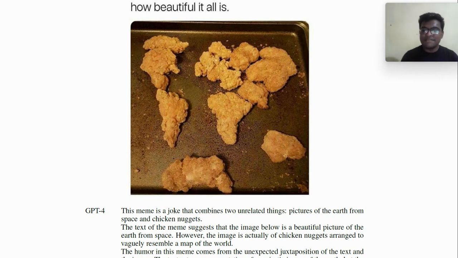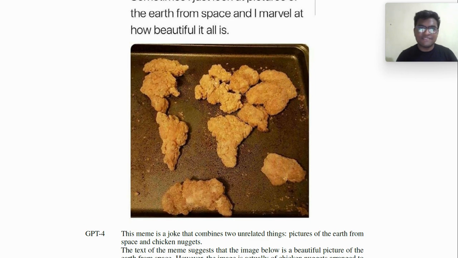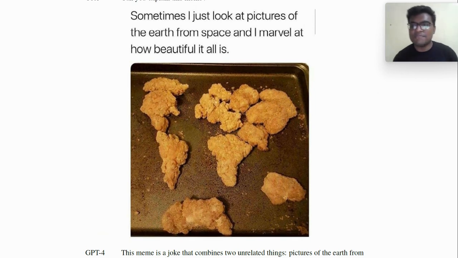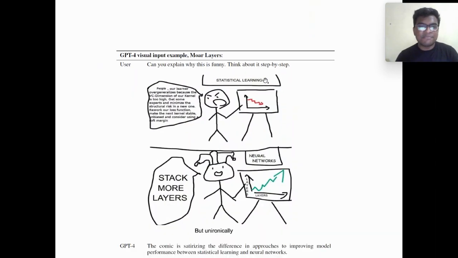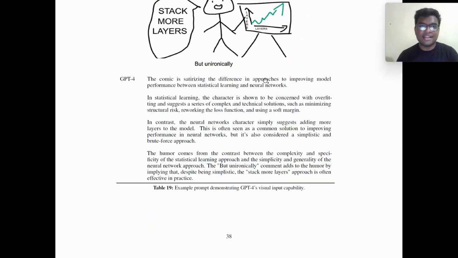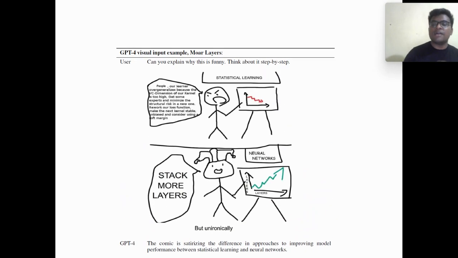Let's say I give this meme to a friend. He can only see that there are chicken nuggets, but he can't understand whether it is in the form of a world map or not. But GPT-4 does it.